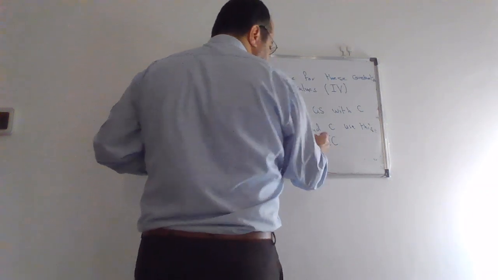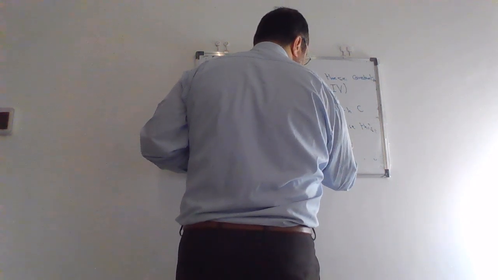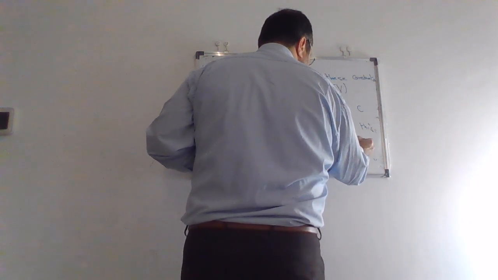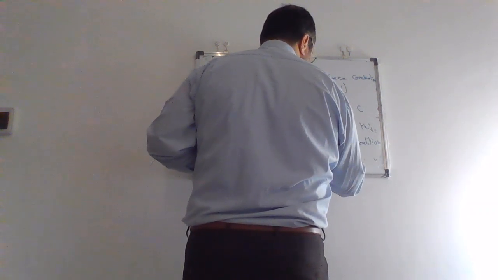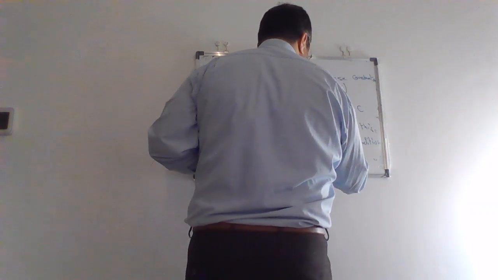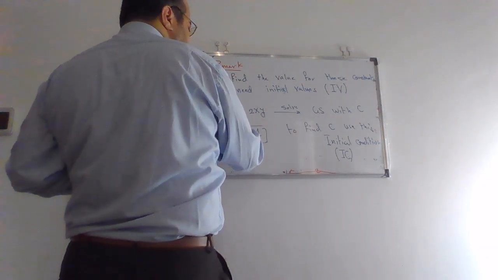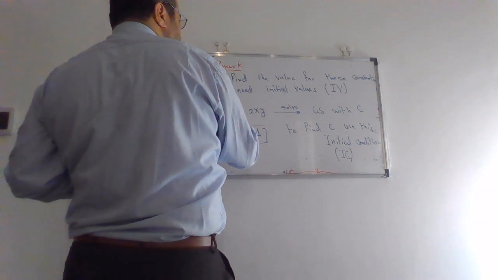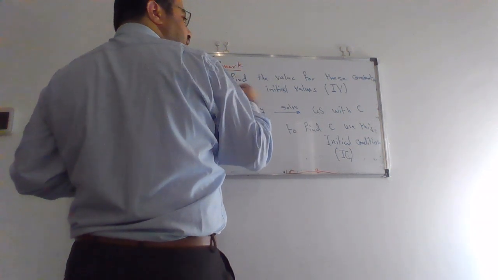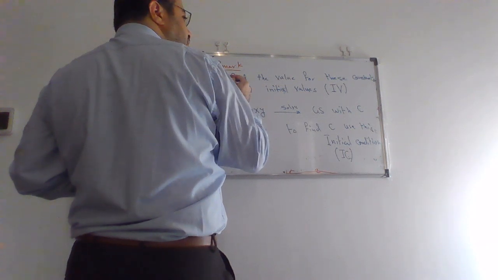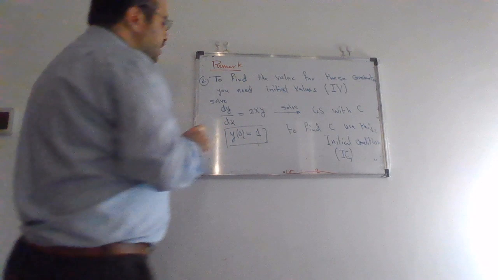This is called the initial condition. And if I'm giving you a second order equation, of course I'm going to give you two initial conditions. If I give you acceleration and I ask for the distance, then I have to give you the initial distance and the initial velocity. Yeah?